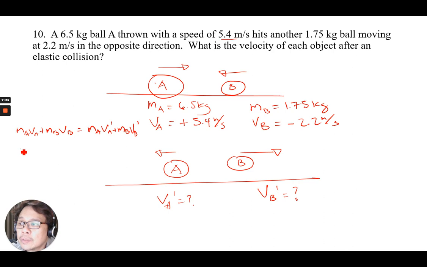Let us set up the equation. So 6.5 times VA, which is 5.4, plus 1.75 times negative 2.2 is equal to 6.5 VA prime plus, MB is 1.75 times VB prime.